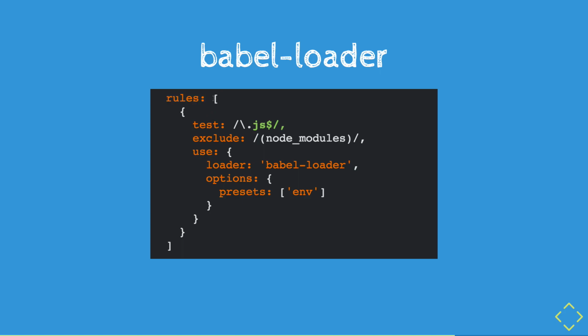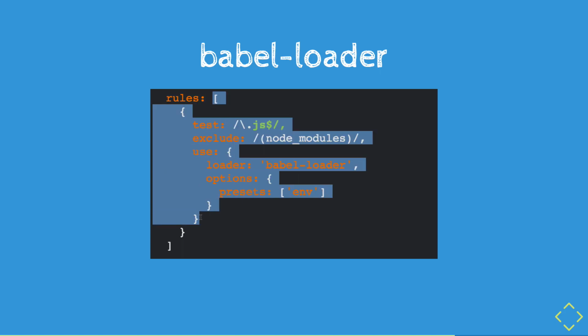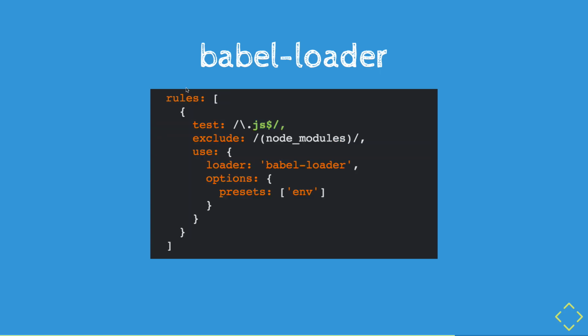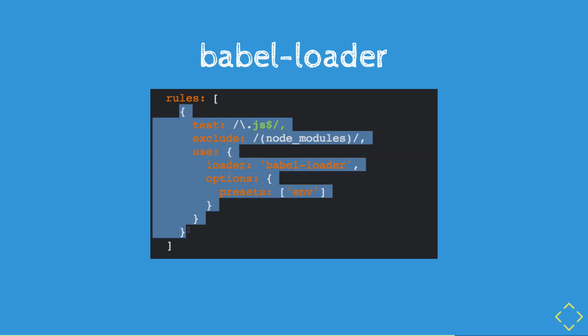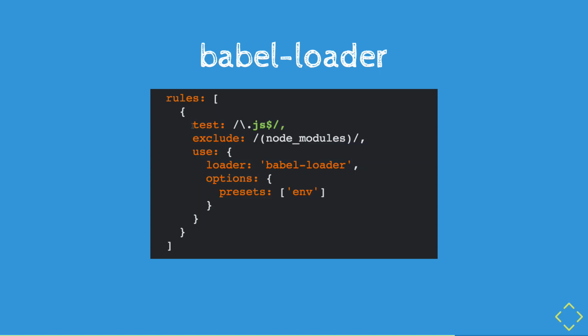So we're going to pass an array of rules to Webpack, and each object in the array is a rule. And the first property is the test. This tells Webpack whether a file should be processed by this rule.